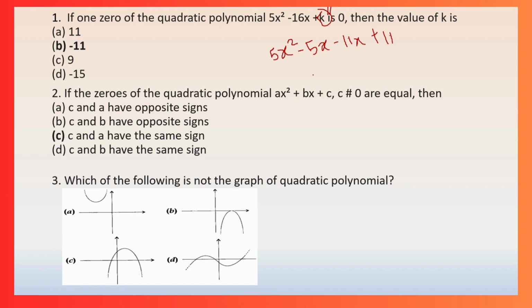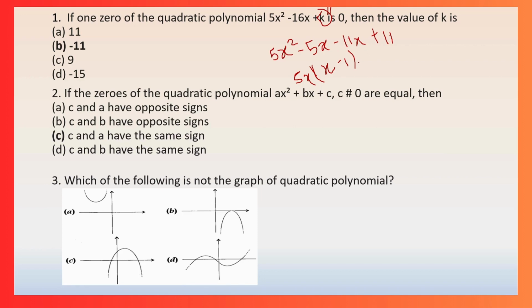If we put 11 and solve the equation, 5x is common here, and we want x minus 1 here.